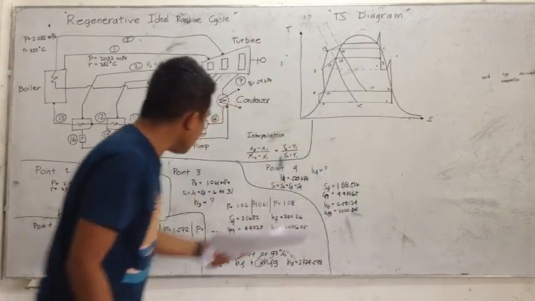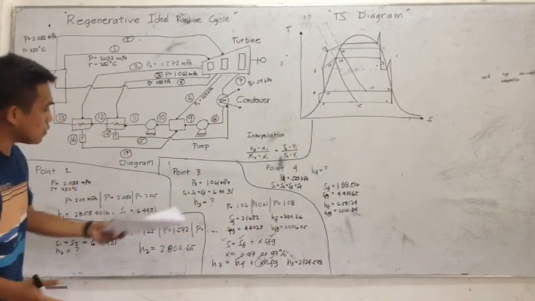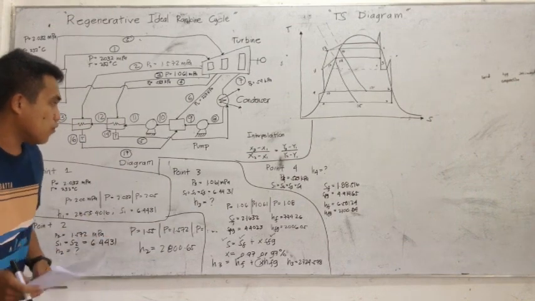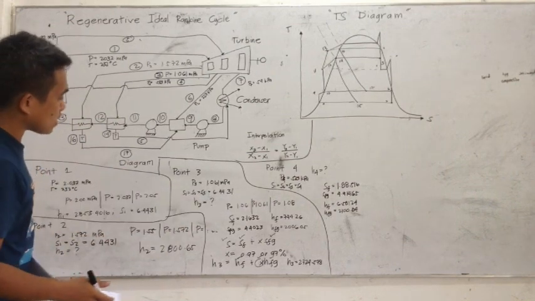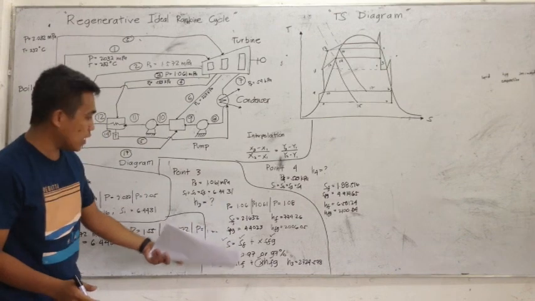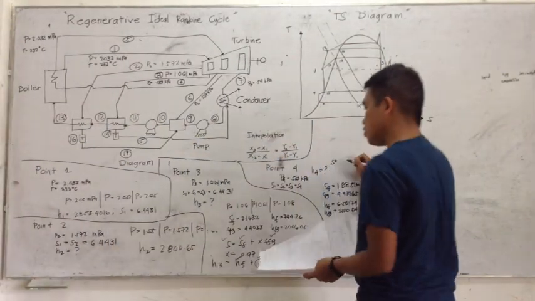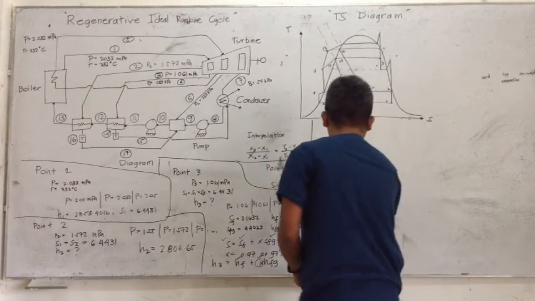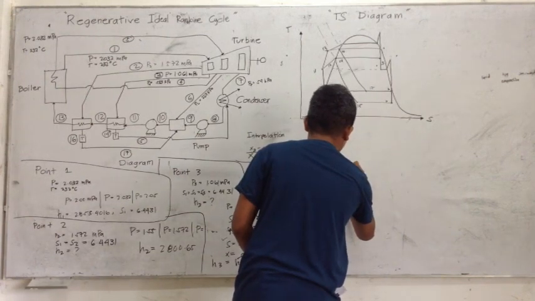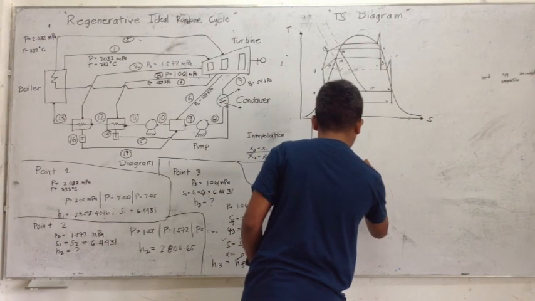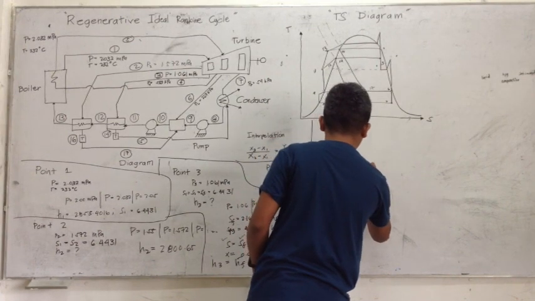It is the same method we used in point 3. First, we locate the quality of X, where the formula is S equal to SF plus X HFG.